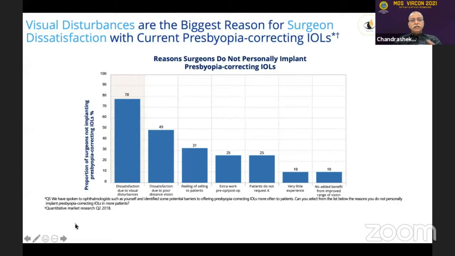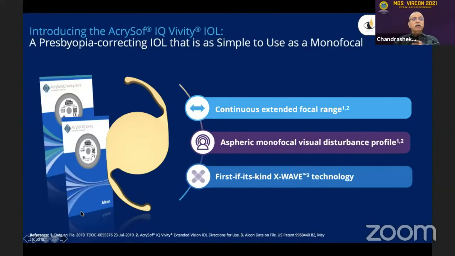Now, the two most important reasons why surgeons do not want to put multifocal IOLs are visual disturbances, especially at night, and poor distance vision. We have developed many tools to predict how much disturbance a person will have, like angle alpha and corneal aberration.